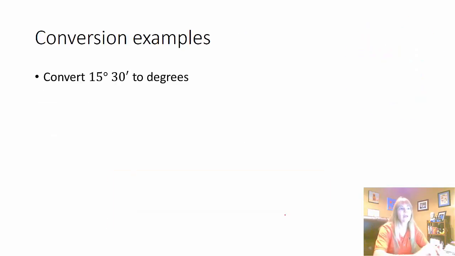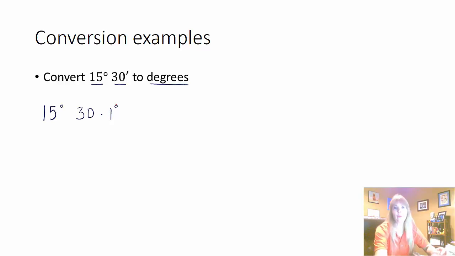So if I want to do a conversion here, I have degrees and minutes, and I want to put it all in degrees. So what I do is I get the degrees together, and then I separate the 30 and multiply it by 1 degree, because 30 times 1 degree would be my 30 degrees.